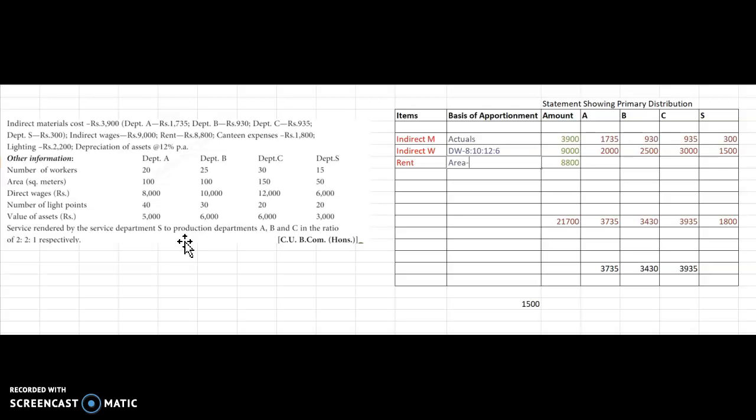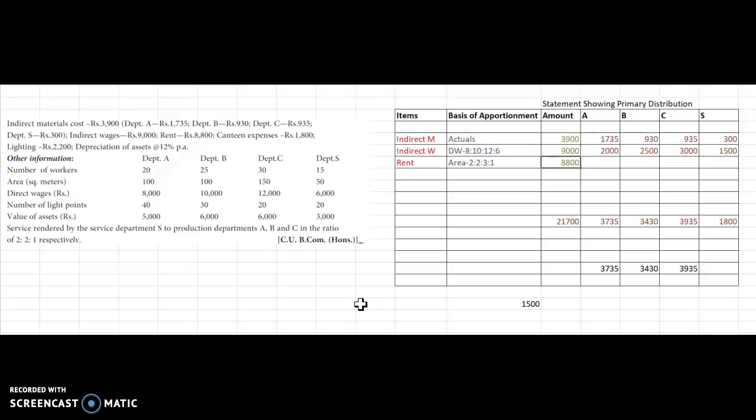So I think it's better that if we can divide this by 50, it will be easier for us. So if we divide it by 50, that will be 2 is to 2 is to 3 is to 1.